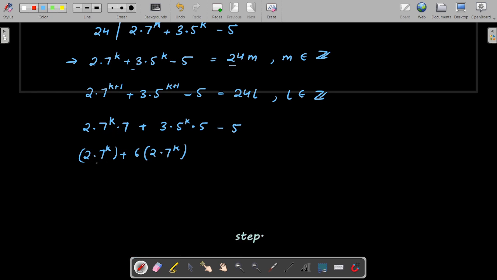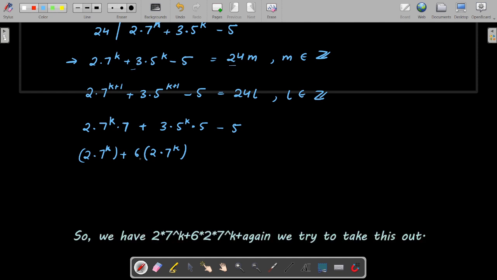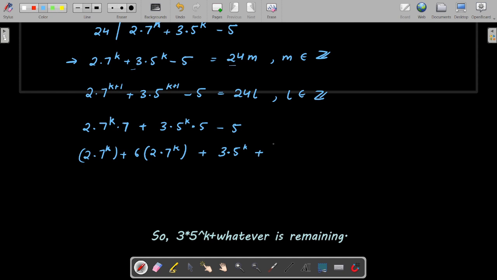So we're trying to take this out. So we have 2 into 7 to the power k plus 6 into 2 into 7 power k, plus again we try to take this out, so 3 into 5 power k plus whatever is remaining, so 4 into 3 into 5 power k, and then minus 5, right?